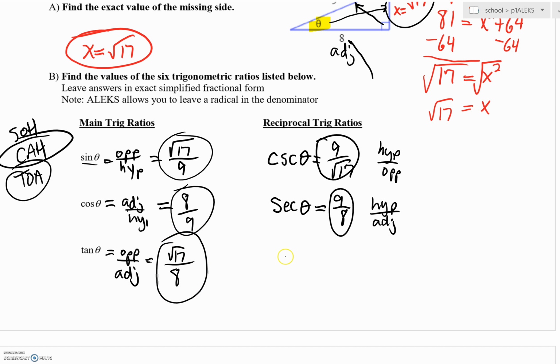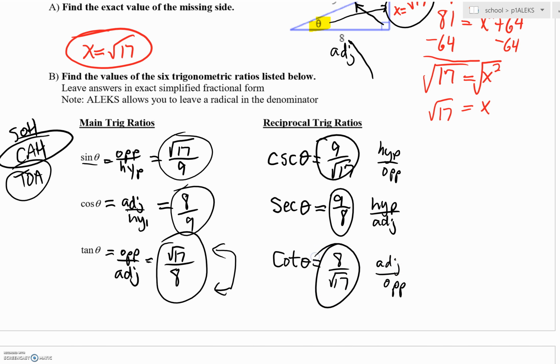So there you have it. One last one. The reciprocal of tangent is cotangent. And just flip that answer you just had. Interchange the numerator and the denominator. And that, of course, would be adjacent over opposite. But there you have it, your 6 trig ratios.